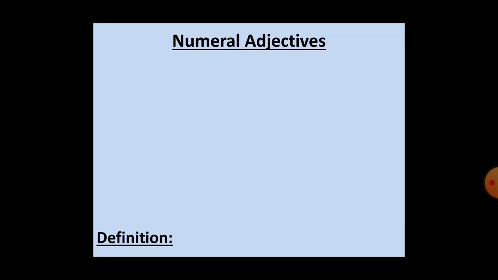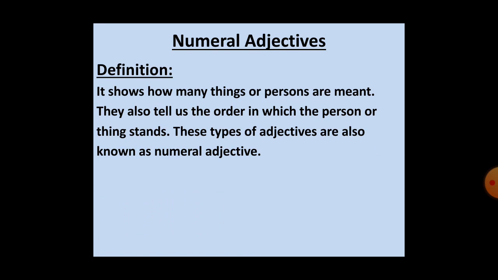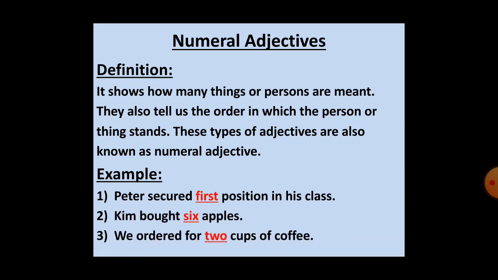Here comes another type, numeral adjectives. So a numeral adjective shows what? Numbers. It can be a cardinal number, it can be an ordinal number, and it can be multiplicative numbers. For example, cardinal numbers are those numbers in which we show the ascending order of any number, like 1 2 3 4.